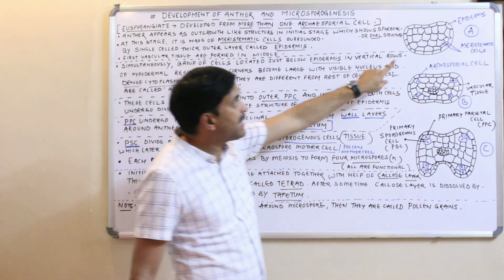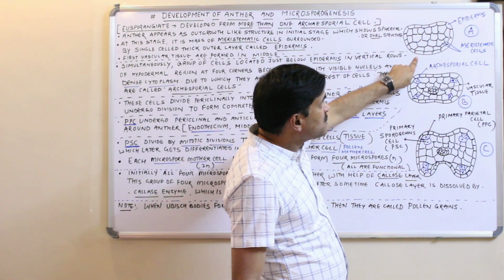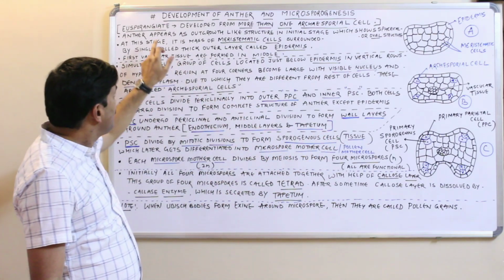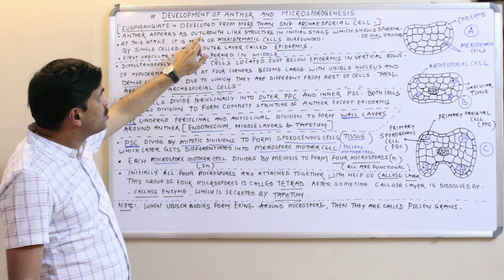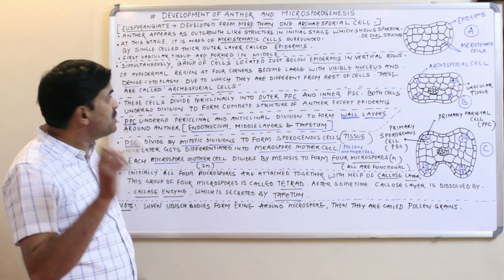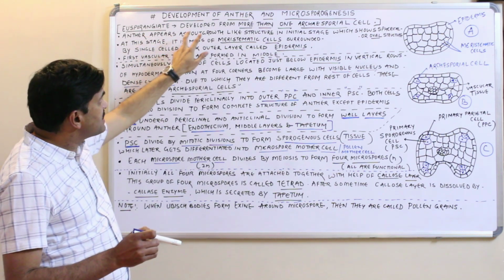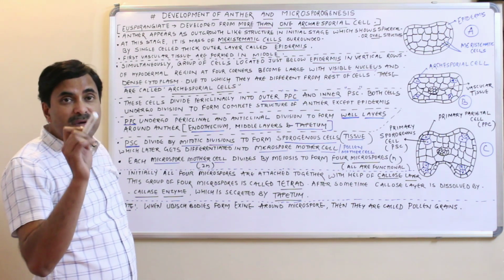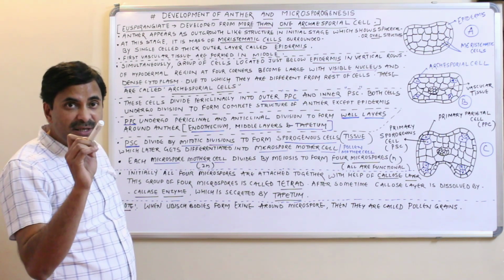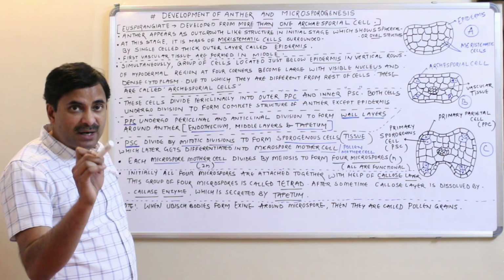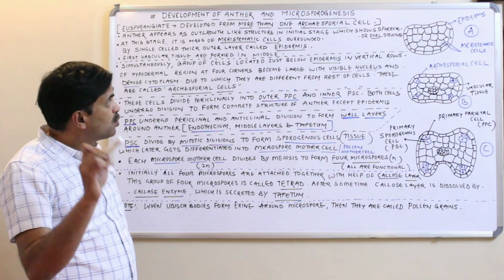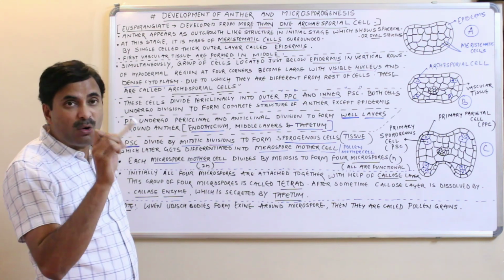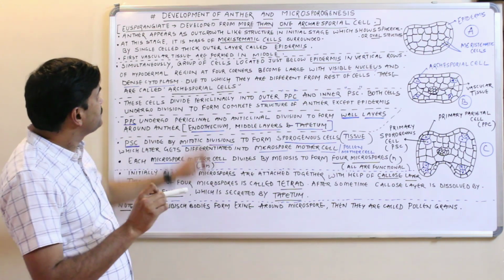So what I want to say is that initially the anther appears as an outgrowth-like structure. When the development of the anther starts, it is just like an outgrowth, and it seems to be spherical or oval.